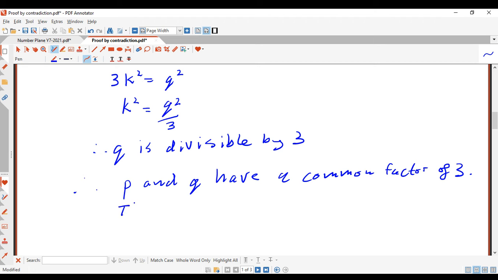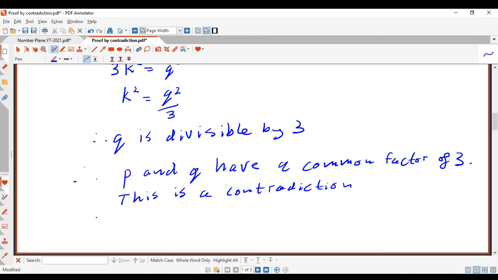Because we said originally that P and Q don't have common factors. So we'll say this is a contradiction. Right? So with contradiction, that means our original statement must have been false.